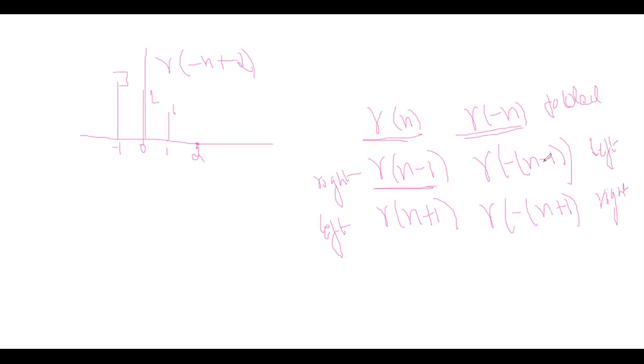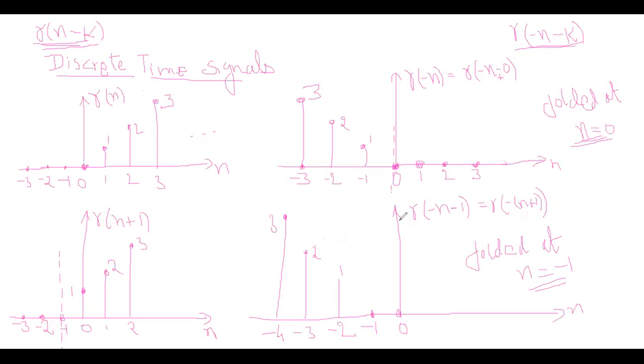Minus n plus 1, minus n minus 1. We have already seen these characteristics: R of minus n is the folded version. R of n plus 1 and R of minus of n plus 1: for the normal function, plus moves towards the left side.